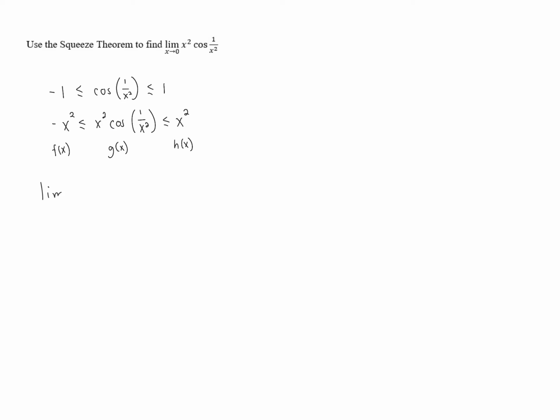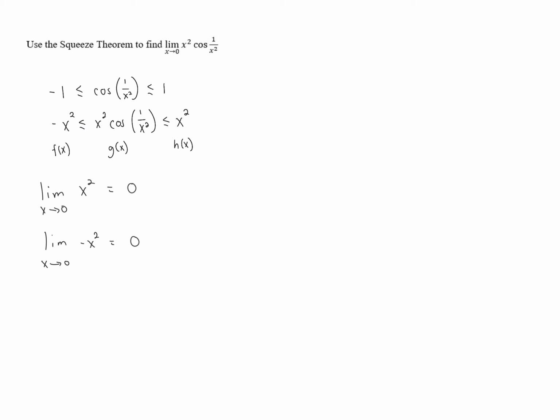So let's explore these. Let's look at the limit as x approaches 0 of x squared, and the limit as x approaches 0 of -x squared. Now, both of these are polynomials, so we can use the direct substitution property. 0 squared is 0, and the opposite of 0 squared is also 0.